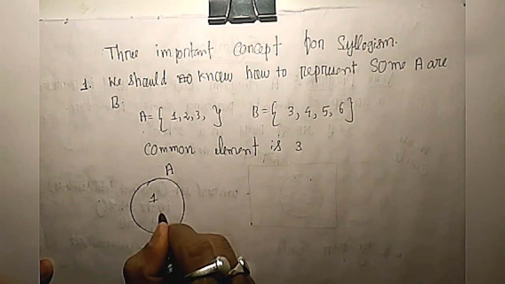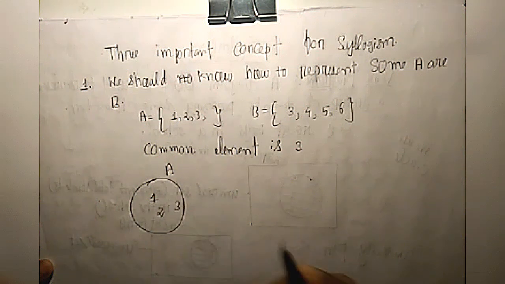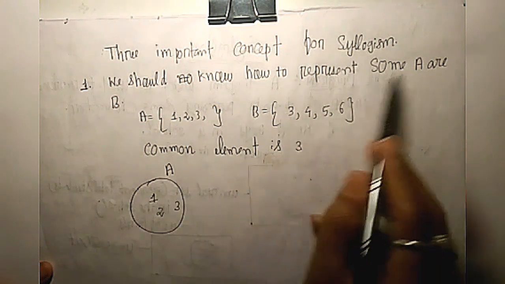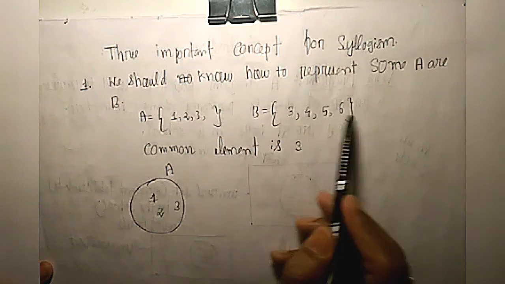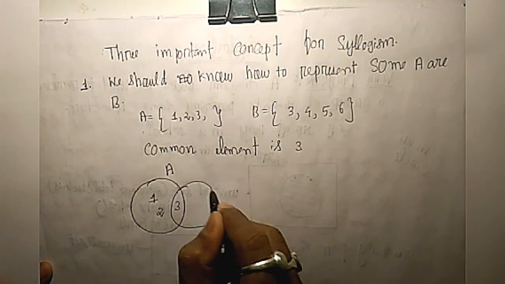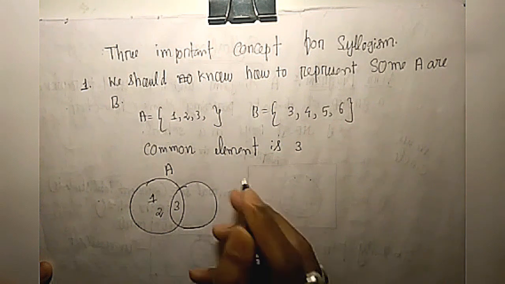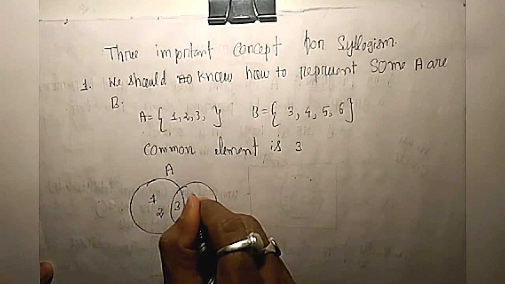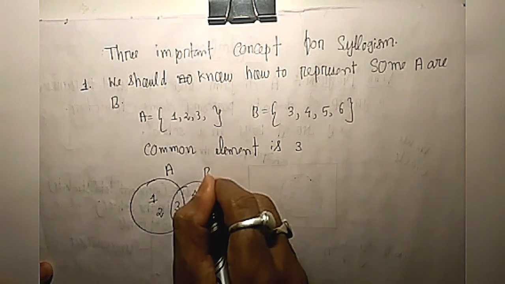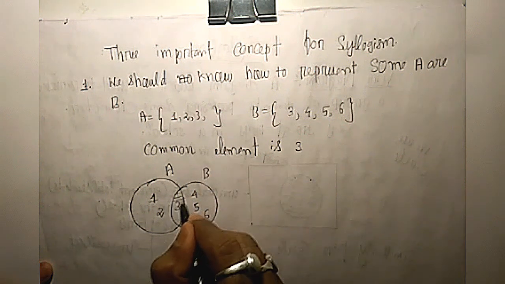Suppose this circle, 1, 2, 3, represents the group A, and this circle represents the group B. We can see that 3 is common to both circles.